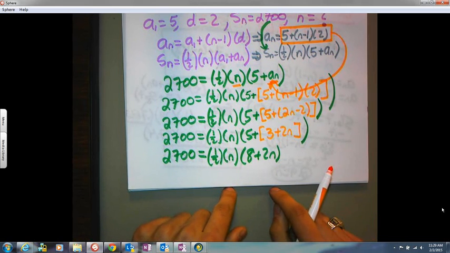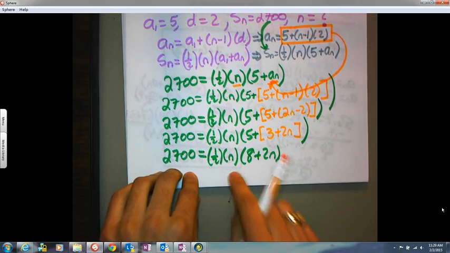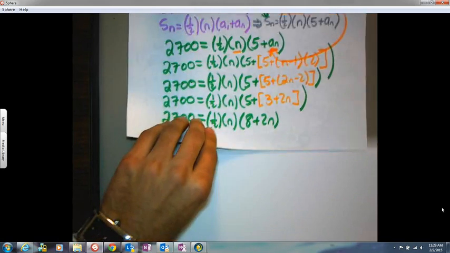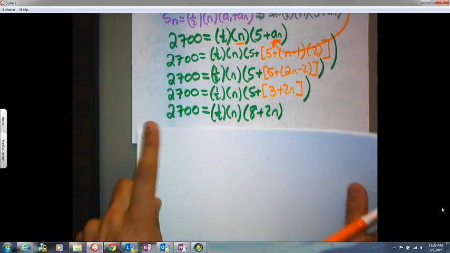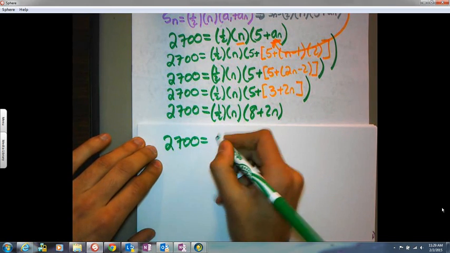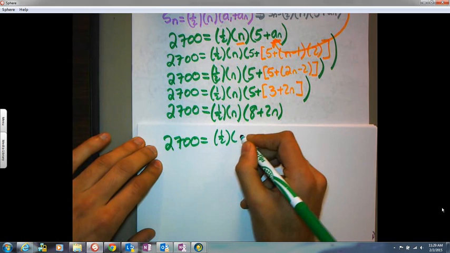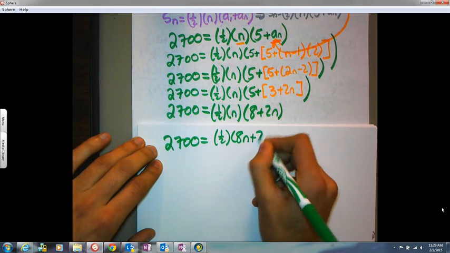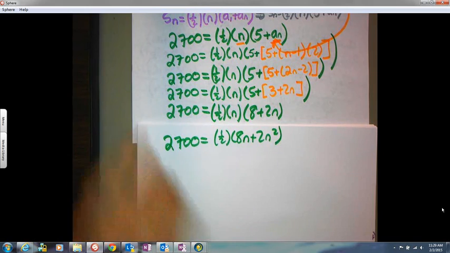Simplify the right side some more. That is to say, distribute the n. Simplify the right side some more. That is to say, distribute the 1/2.